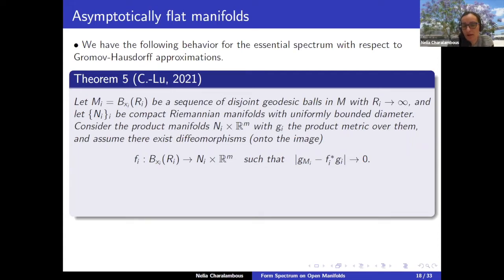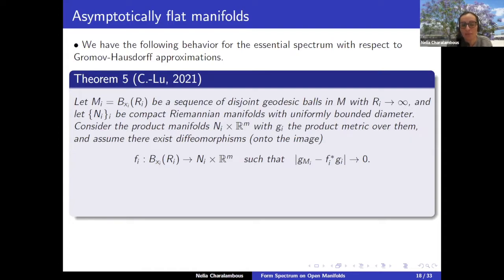And these approximations are close in the Gromov-Hausdorff sense, in the sense that if we pull back the metric from the product space onto the geodesic ball, then these metrics approach 0 as i goes to infinity.